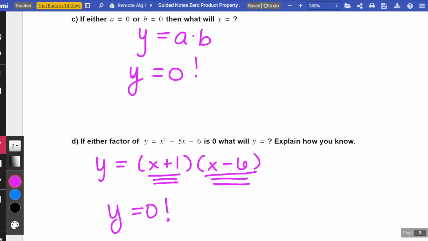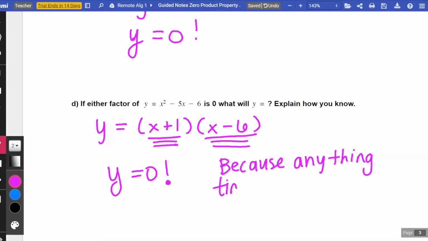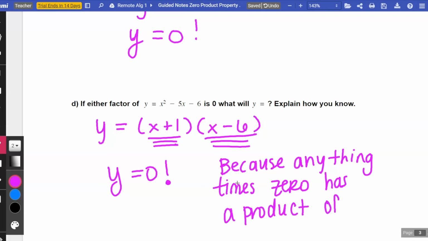Y will always equal 0. Because anything times 0 has a product of 0. And I'm going to challenge you, if you don't remember what the word product means, Google it real quick.